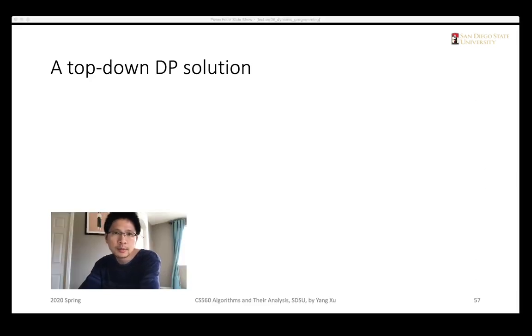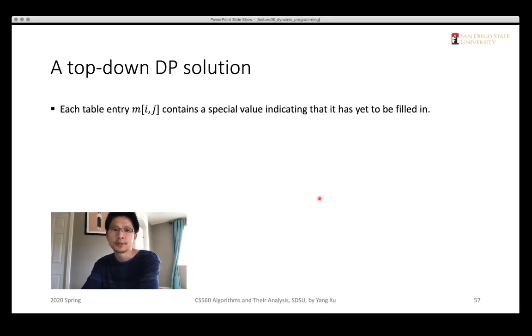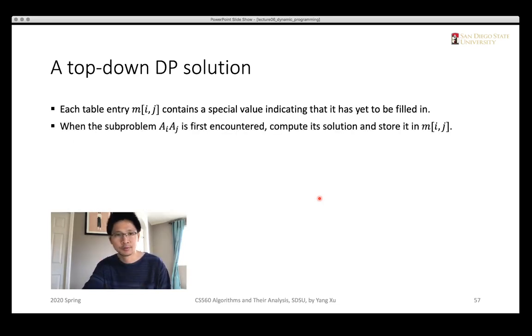This top-down dynamic programming solution considers each table entry, M[i][j], as a place to store the solution. It contains a special value to indicate whether it is solved or not yet solved, okay? Which is similar to the bottom-up way.